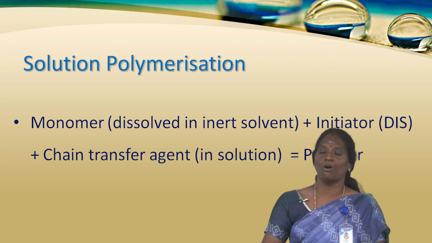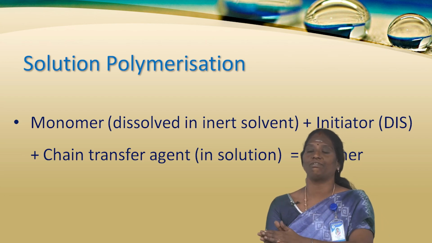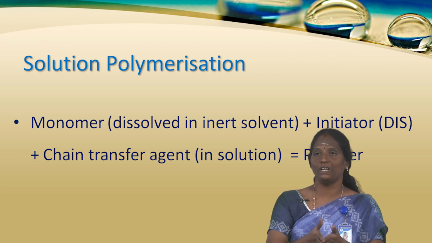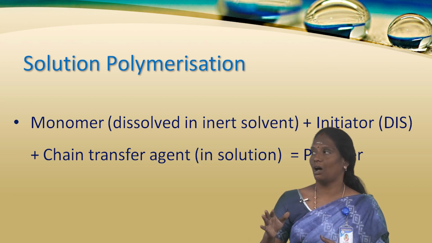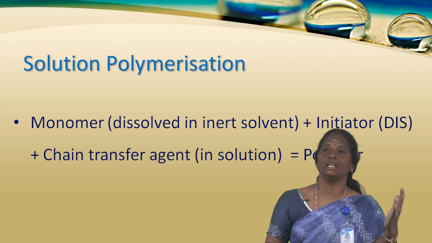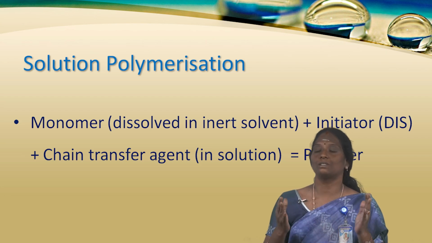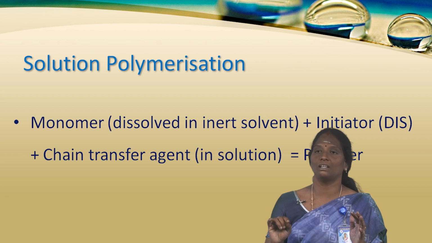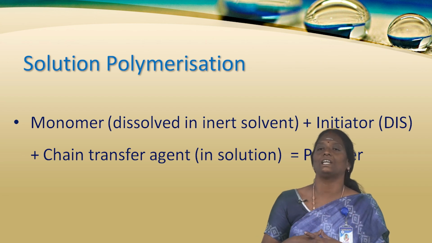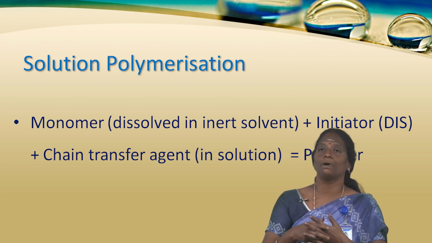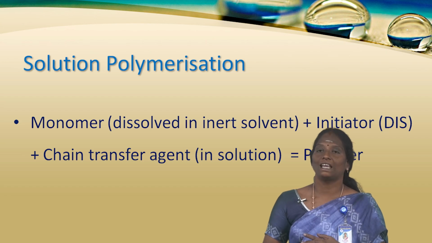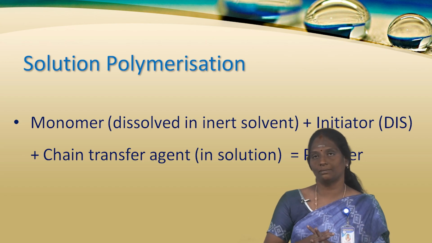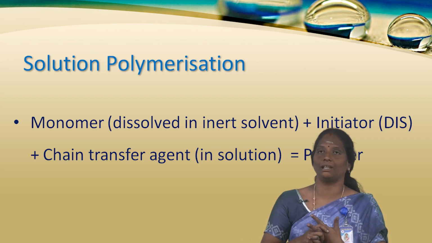The polymer formed must be isolated from the solution either by evaporation of the solvent or by precipitation in a non-solvent. These are the disadvantages. What are the applications? Solution polymerization polymers can be used as adhesives and for coating purposes. This is the second type.